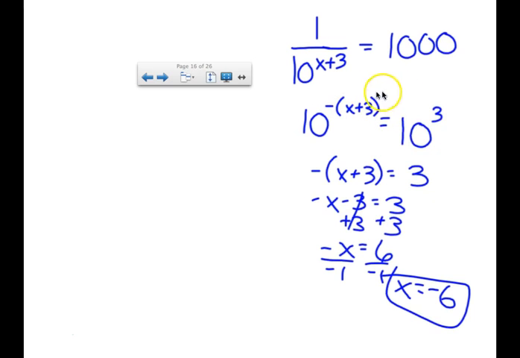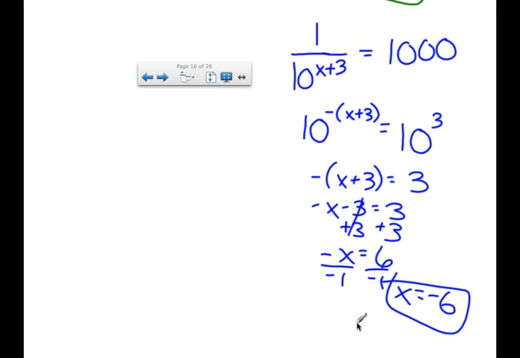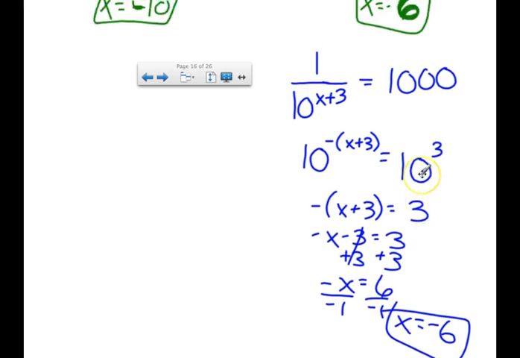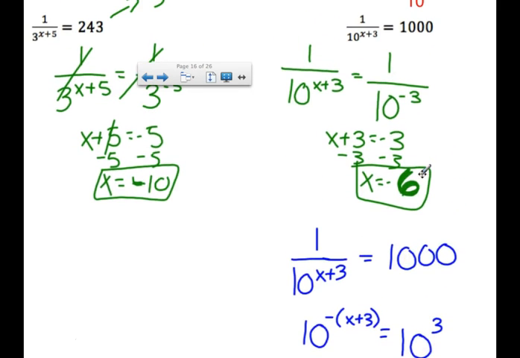All right, so then I could set my exponents equal, which is a little bit more math, so a little bit more ways to get confused or make a mistake. So distribute your negative to get negative x minus 3, add 3 to both sides, and then divide by that negative 1 to get negative 6. Okay? So both ways are perfectly fine. This way is a little bit more work, but pick whichever way works for you.